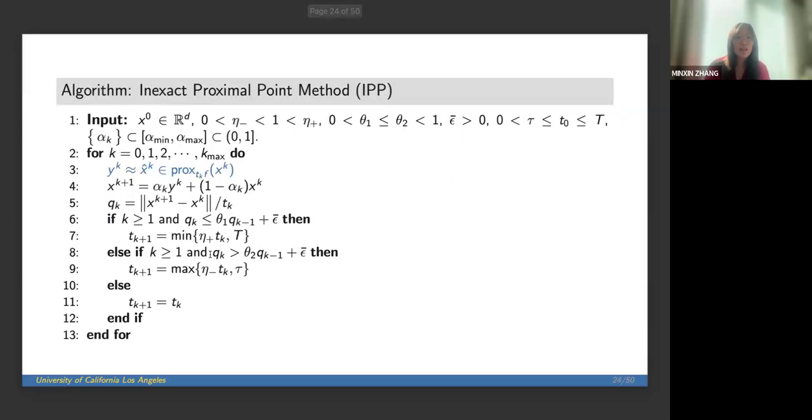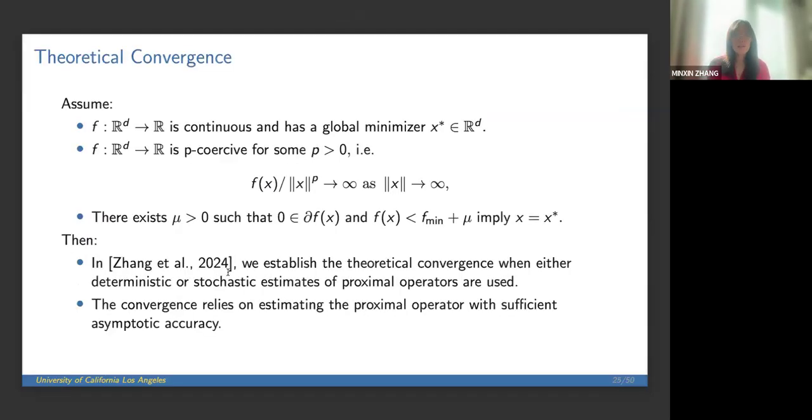Whereas if qk is large, meaning that the next iterate is a bit far away from the current xk, then we reduce this tk to encourage more local exploitation of the landscape.